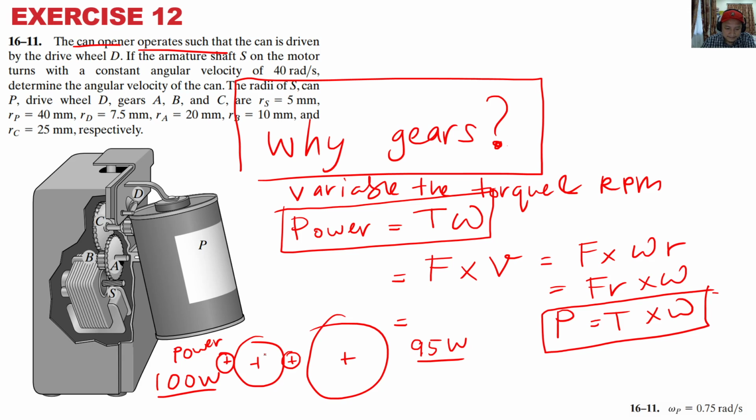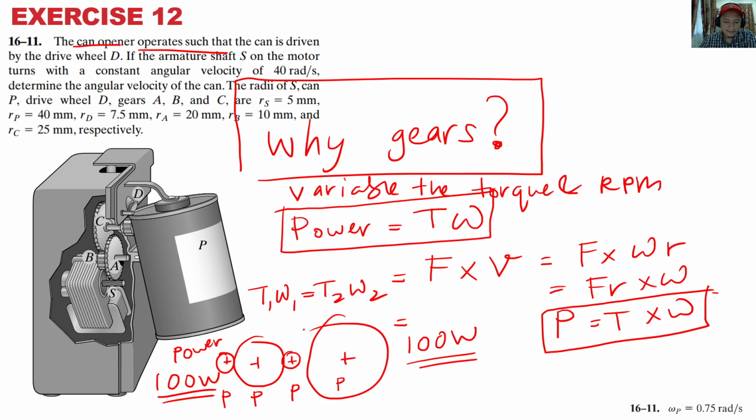Ideally, there are no losses. Let's look at the ideal case first. Your input is 100 watt, your output is also 100 watt. So power here is similar to power here, and here, and here. So you can use the relationship torque 1 omega 1 is equivalent to torque 2 omega 2.